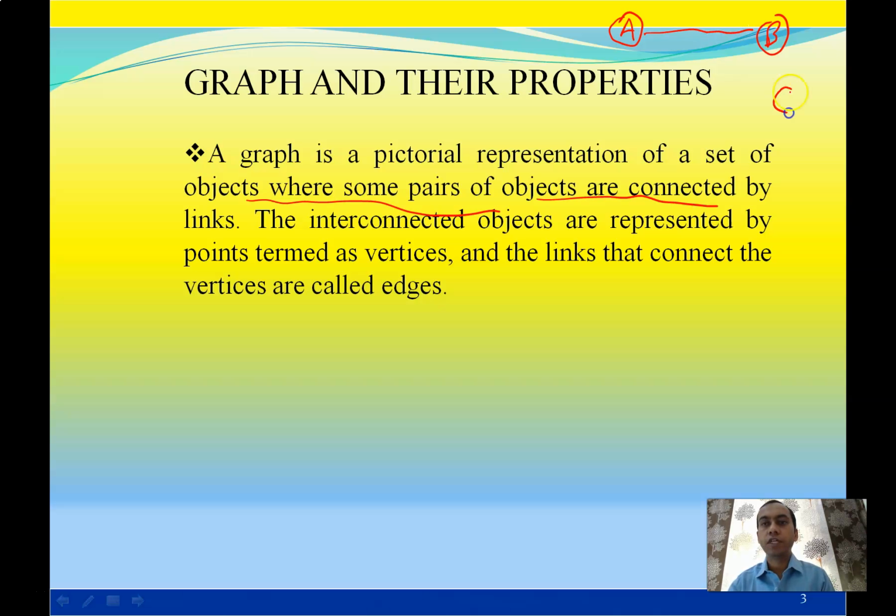If there are more objects, say C, and we connect A to C, this is also part of the graph. Objects are represented by points termed vertices. The object we denote as C is called a vertex, and the link that is joining A and C is called the edge of the graph.